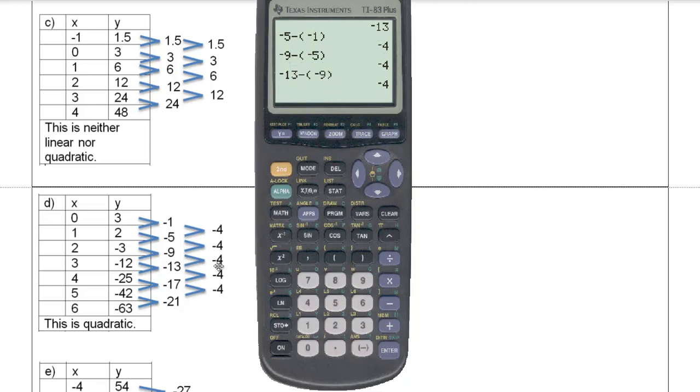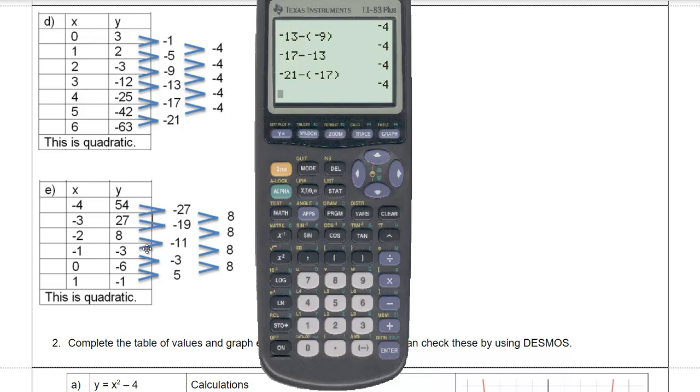And notice that they are actually all -4. -17 subtract -13. My calculator actually will work if I don't put the brackets in. It's probably good mathematical form to put them in, but that still works. See, they're all -4s, so the second differences are all the same, so this is a quadratic relationship.